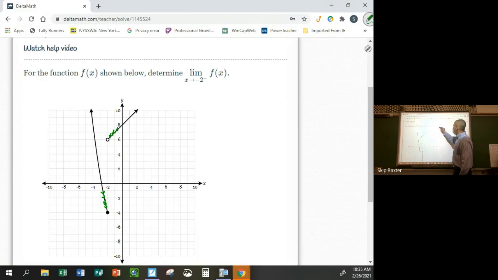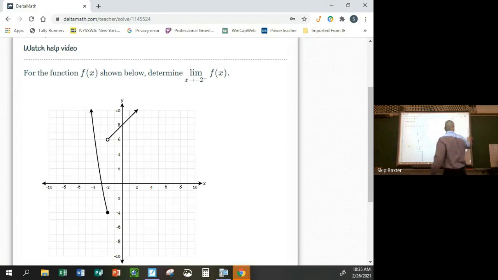People get a little confused about this, and they go, negative means towards the left. But that doesn't mean towards the left, it means from the left. So if you're approaching from the left, you're actually going towards the right, towards the positive direction. I get how that's confusing, but you just have to get it straight. Negative means from the left-hand side, positive means from the right-hand side. So this answer is -4, correct?